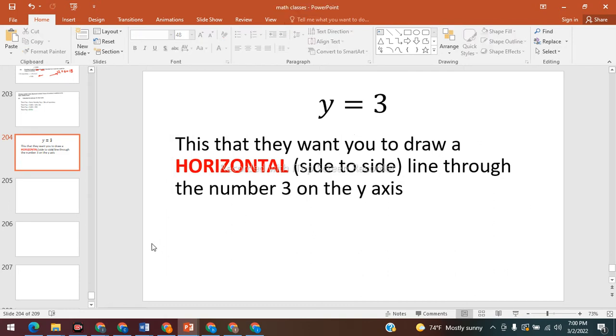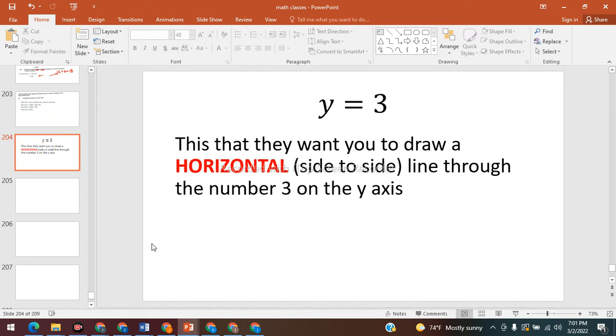That's what they mean by horizontal. And if it's y equals to 4, they want us to draw a horizontal line, a line that goes from side to side through 4 on the y-axis. If it was y equals to 5, it would be the same thing, a horizontal line through 5 on the y-axis.